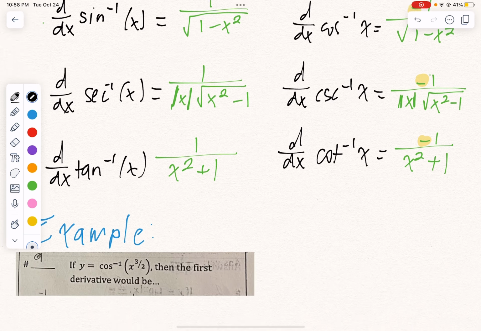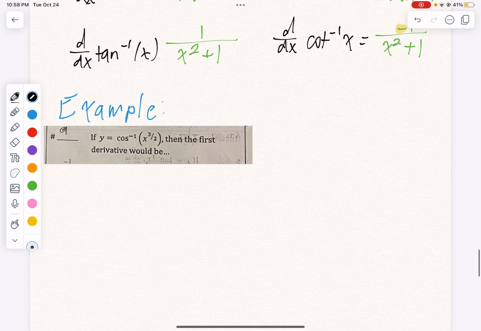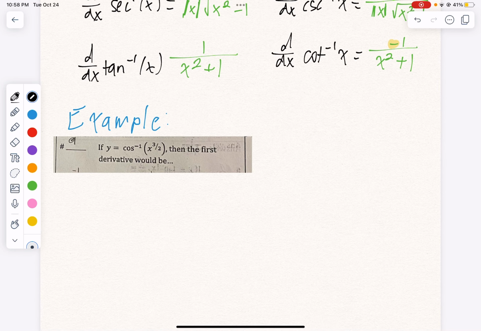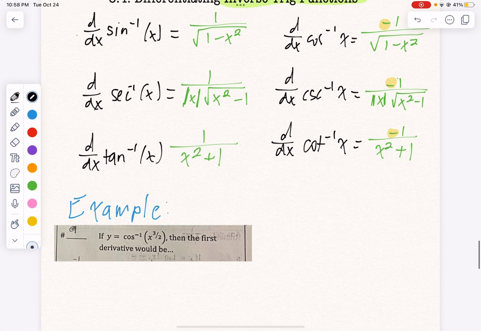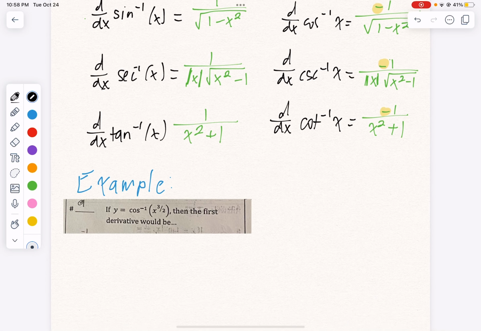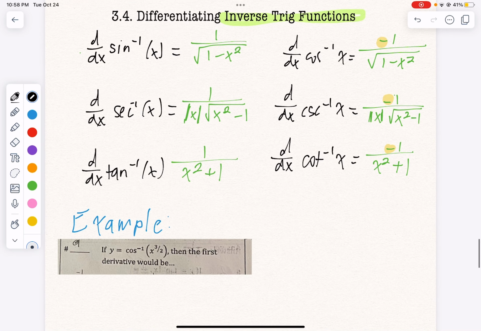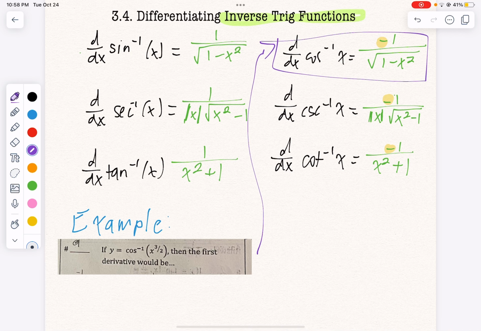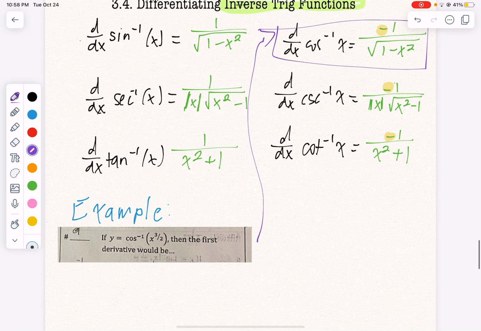Alrighty, so now we're going to move on to our lovely little example. If y equals inverse of cosine of x to the 3 over 2, then the first derivative would be, so we were just going to be finding the derivative of this. Of course, we're going to use this one right here, and just plug in this value here for our x.